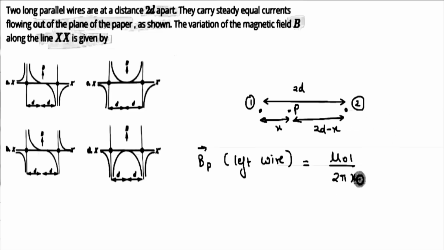So the distance will be x, and the direction we can calculate by using the right hand thumb rule.